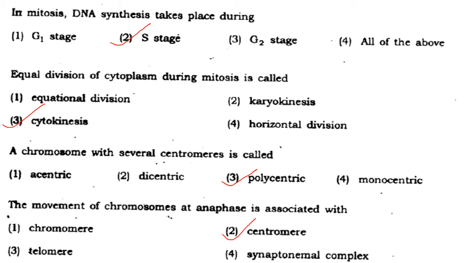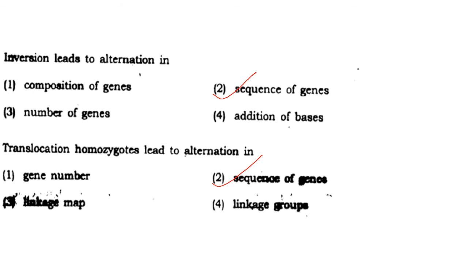Next one. The movement of chromosomes at anaphase is associated with option 1 chromomere, 2 centromere, 3 telomere, 4 synaptonemal complex. Answer is option 2 centromere. Okay. Inversion leads to alteration in option 1 composition of gene, 2 sequence of genes, 3 number of genes, 4 addition of bases.